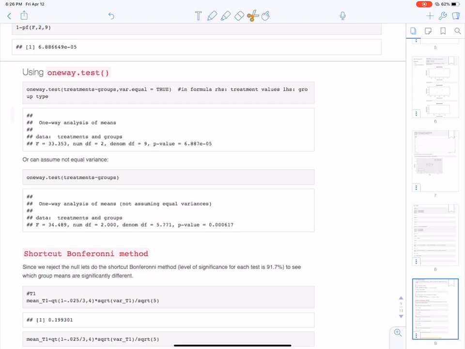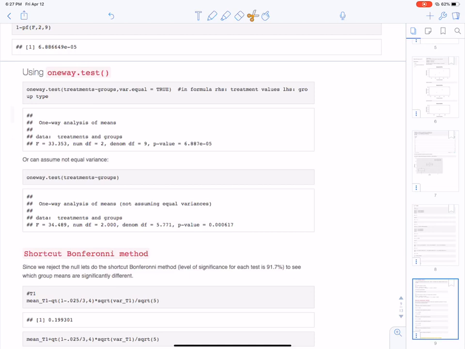And I'm not exactly sure how R is doing this computation, but you can see that the p-value isn't as big, and so you would have less chance of rejecting the null, it looks like here. But probably it would be the appropriate test to use here.